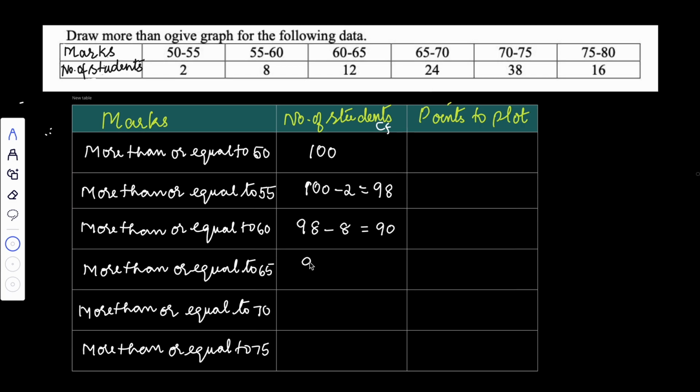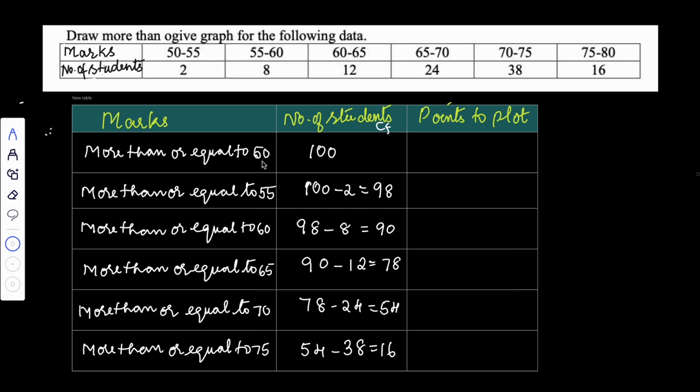Similarly 90 minus 12, we get 78. 78 minus 24, that is 54. And 54 minus 38, we get 16, and that is the last number. For 75 to 80, more than or equal to 75, it is 16; that number must be the same.